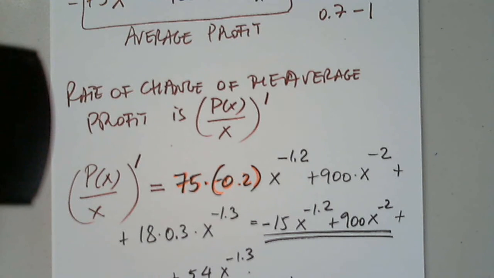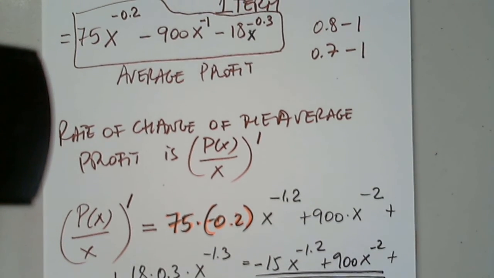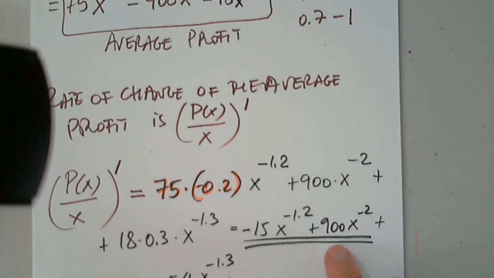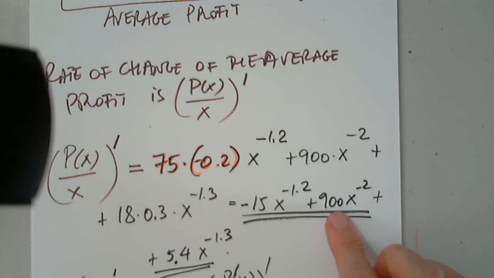Now question: is the 900 the power of x minus 1 is the coefficient not come down? We did not use the quotient rule. Oh, you want to write this as 900 over x squared? Yes, you can. Yes, that's fine. You can write it as 900 over x squared. I'm sorry?